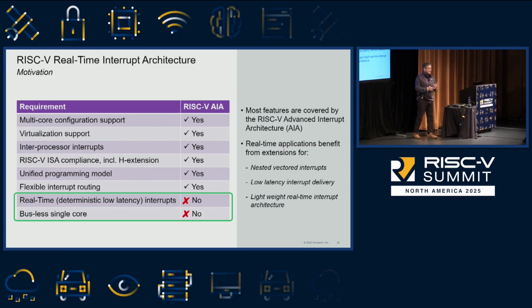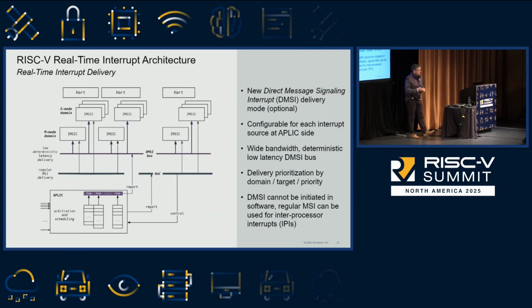But what we found is kind of missing is this extension for real time. So being able to support nested vectored interrupts, the ability to have a deterministic low-latency interrupt delivery mechanism, as well as being able to do this within a lightweight architecture. So again, you can't just make your interrupt controller half the size of your processor. Being able to do this in a resource-constrained way is important.